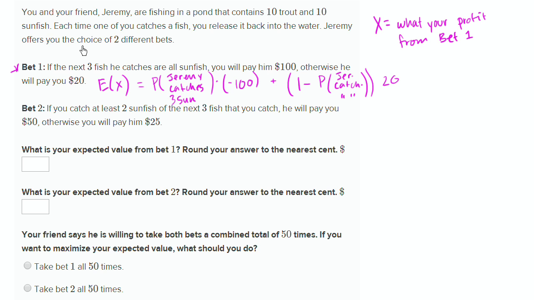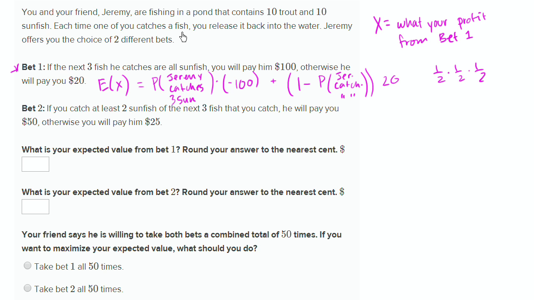Well, the sunfish are 10 out of the 20 fish. So at any given time he's trying to catch fish, there's a 10 in 20 chance, or a 1/2 probability that it's going to be a sunfish. So the probability that you get 3 sunfish in a row is 1/2 times 1/2 times 1/2. And they put the fish back in, so that's why it stays 10 out of the 20 fish.